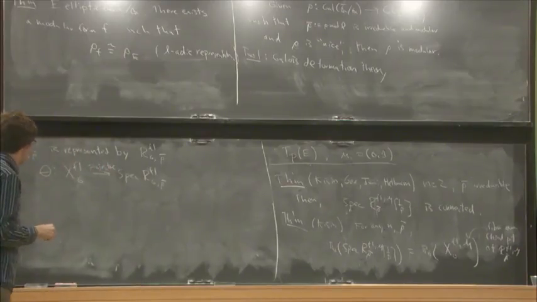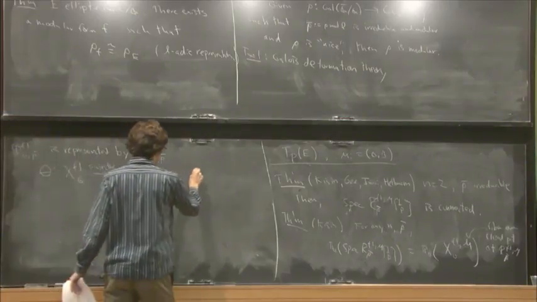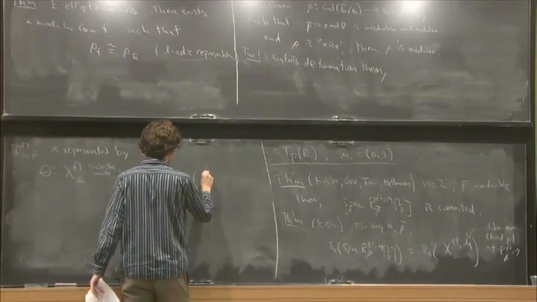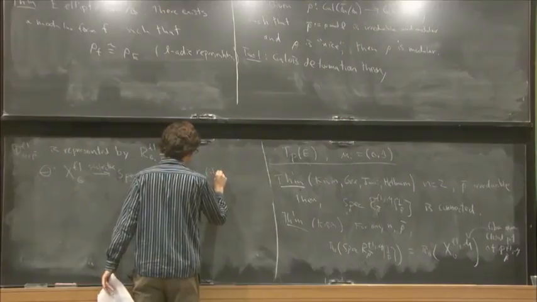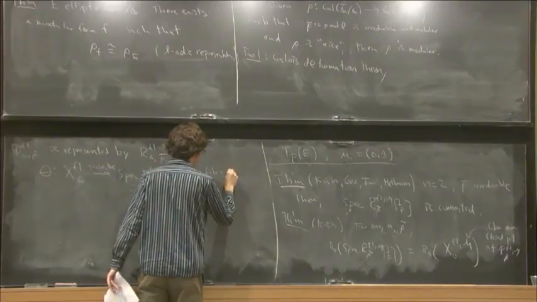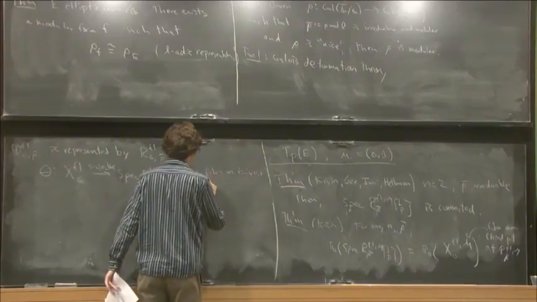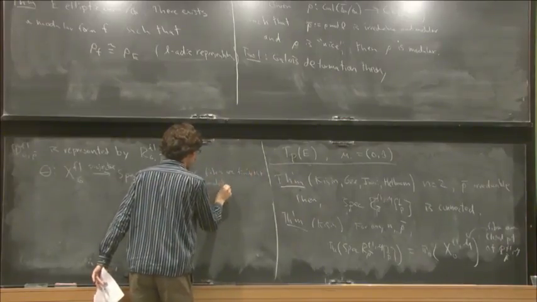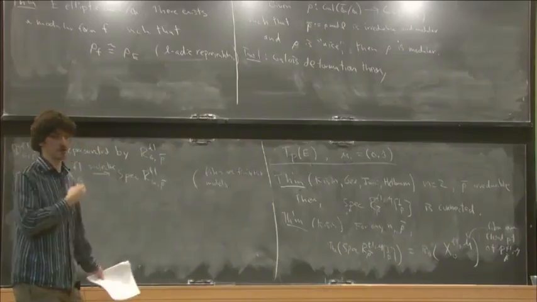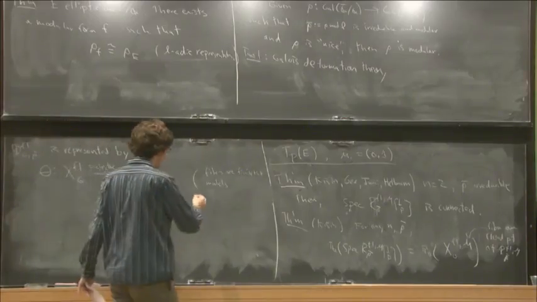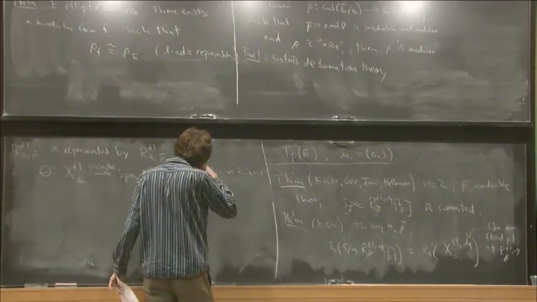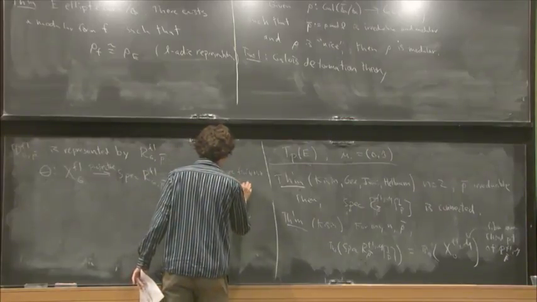You can intuitively think, though this is not quite right, that the fibers are finite flat models which are preserved by some additional structure, like a polarization.